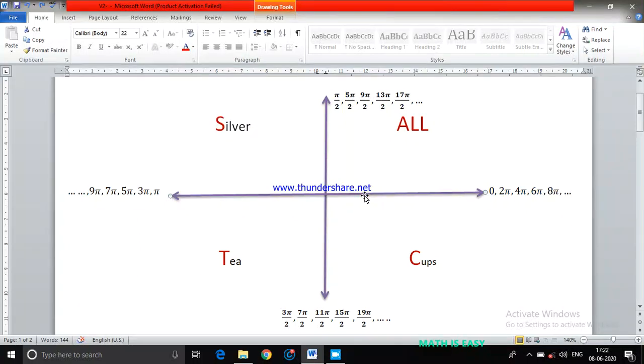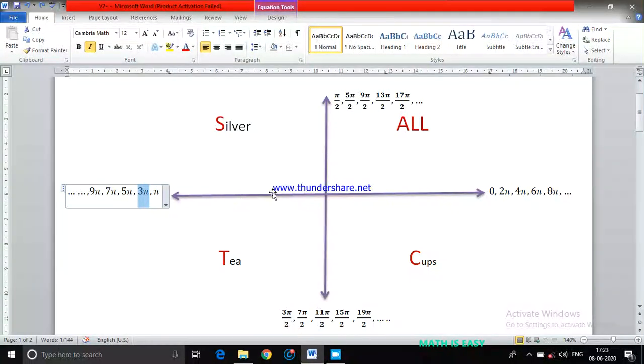Then as I go, 360 plus 90 is 450. 450 can be written in radians as 5 pi by 2. Then 450 plus 90 is 540. 540 can be written as 3 pi.